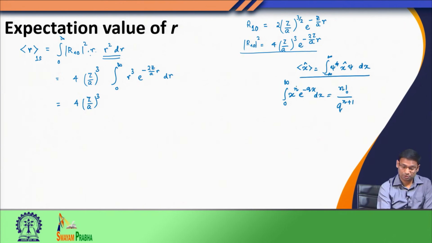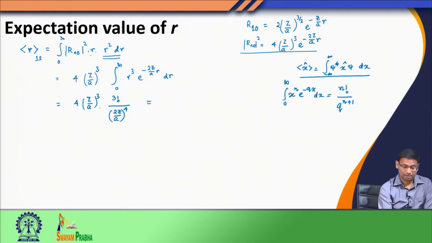So, this term would turn out to be, n is 3, so 3 factorial, divided by q to the power n plus 1, where q is 2 z divided by a, and since n is 3, this is 4.